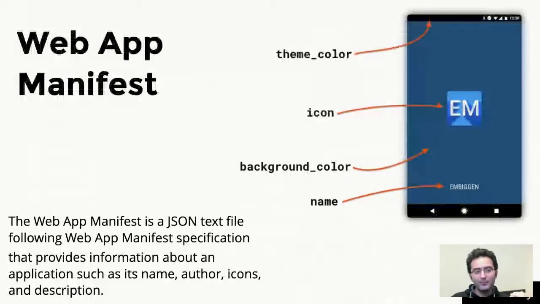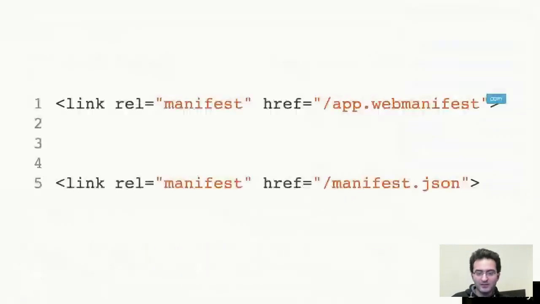Another thing that a PWA comes with is the web app manifest. It's a JSON text file where you can define mostly the UI or theming of your application. You define your splash screen, logo, background, name, theme color and stuff like that.